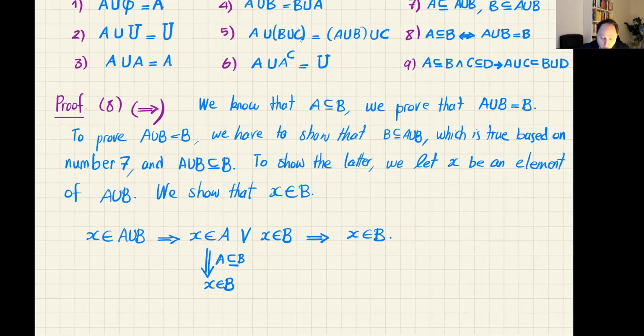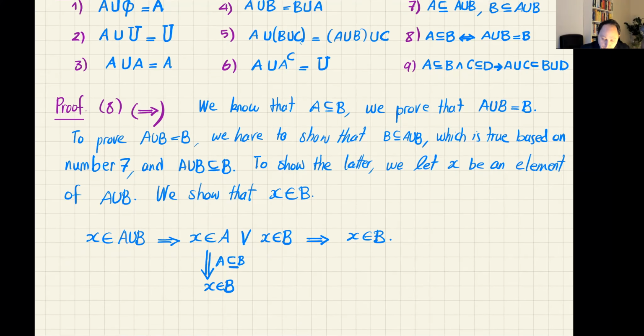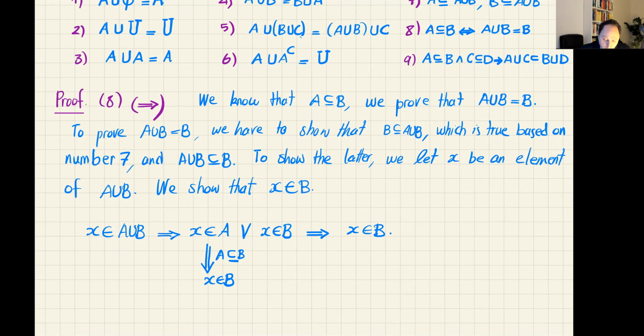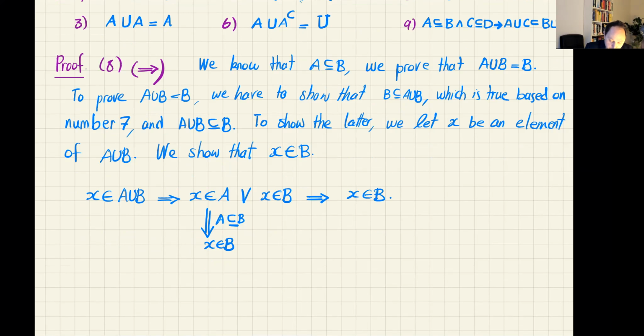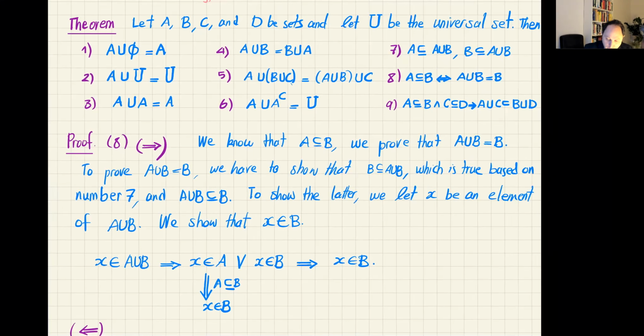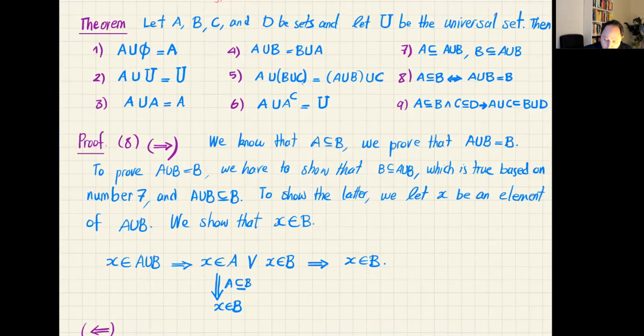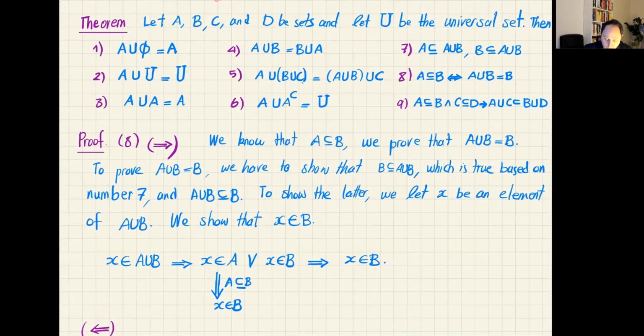Okay, this is one part of the proof, but the other part of the proof we need to do somehow. So what happens if I want to go in this direction? What is the meaning of going in this direction? It means that now my assumption is that the union of A and B is equal to B. I want to conclude that this is indeed the case, that this set is a subset of that one. Okay, so that is the meaning.